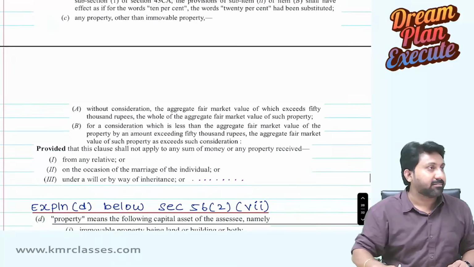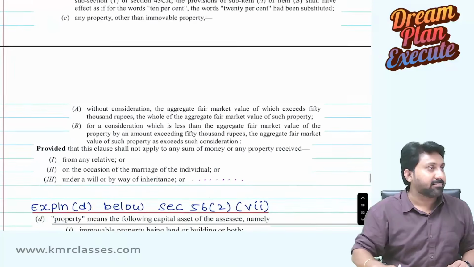Start. Section 56, subsection 2, clause 10. What does it say? Where any person receives in any previous year from any person or persons on or after the first day of April 2017, so anyway we are in 2025, after the first day of April 2017, pakka. Next, any sum of money without a consideration, the aggregate value of which exceeds 50,000 rupees, the whole of the aggregate value of such sum.